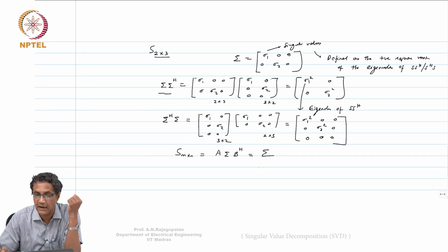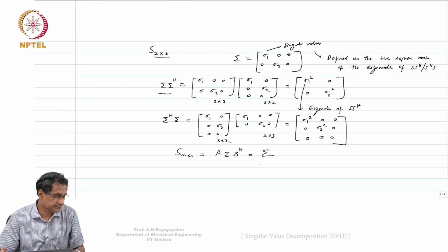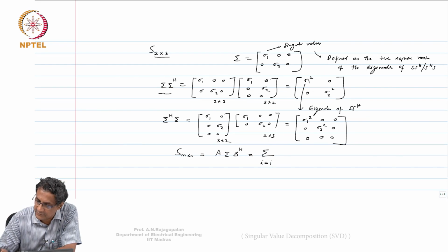Suppose S has a rank R, which means it has R non-zero singular values, then it can be written as a sum over i equal to 1 to P, where P is the rank of S.